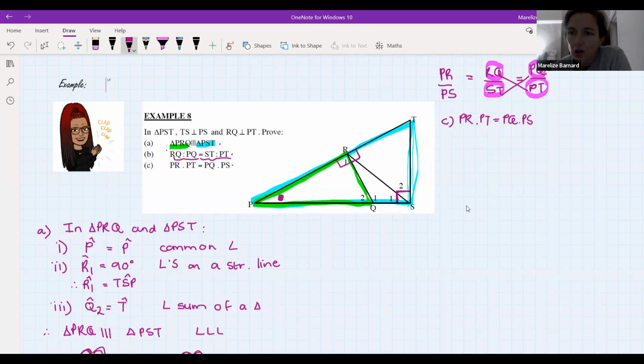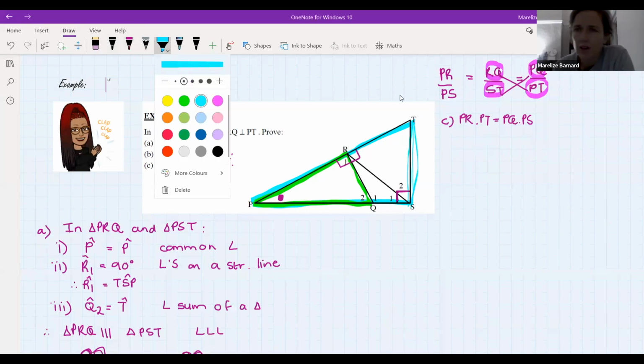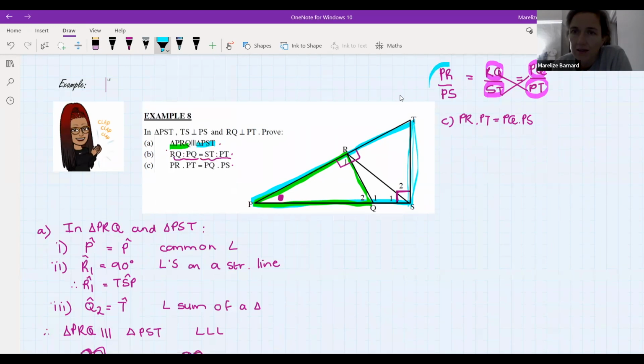So we need to show PR times PT is PQ times PS. This one is a bit more straightforward. We look at what we need at the end and we find our combo that goes together. So here's the PR and PS, and then there's PT and PQ.